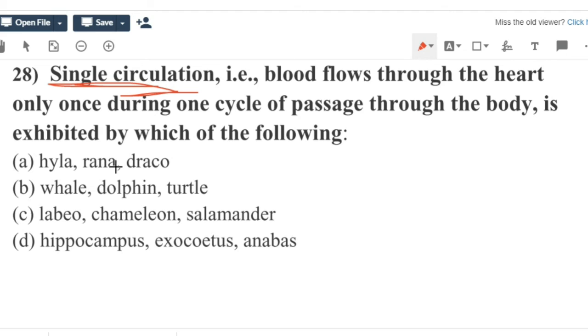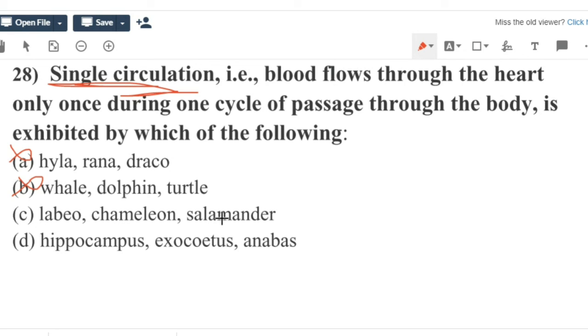Hyla and Rana are examples of amphibians. So obviously this is not an option, because amphibians have a two chambered heart. Whales, dolphins and turtles: whales and dolphins are mammals, turtle is a reptile. So this is also not an option because double circulation takes place.